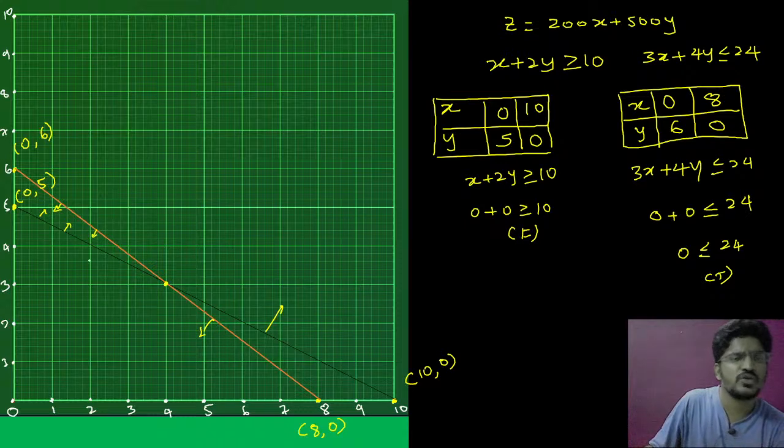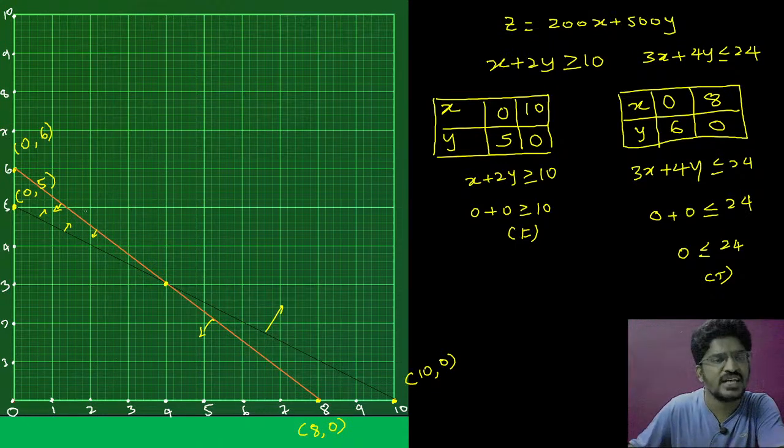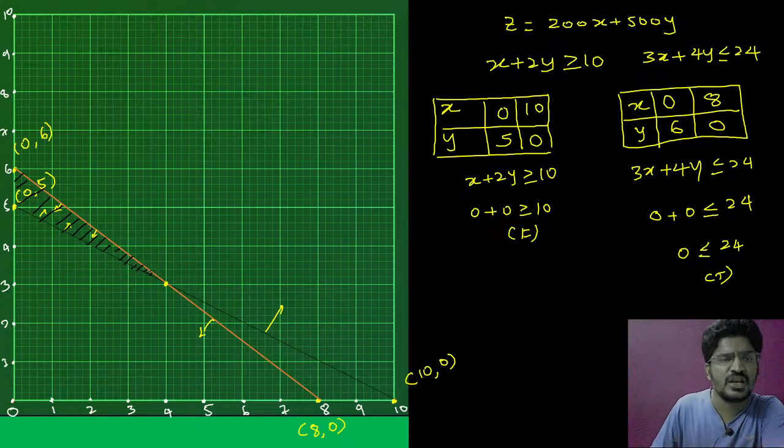So if arrow marks go towards origin, you can just see the feasible region is going to exist here. So this is our feasible region. Here both the arrows are going to intersect.